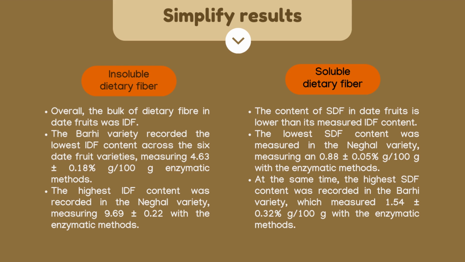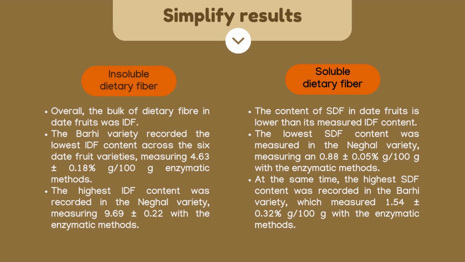For soluble dietary fiber, the content of SDF in date fruits is lower than its measured IDF content. The lowest SDF content was measured in the Negal variety, measuring 0.88 plus minus 0.05 gram per 100 grams with the enzymatic methods.